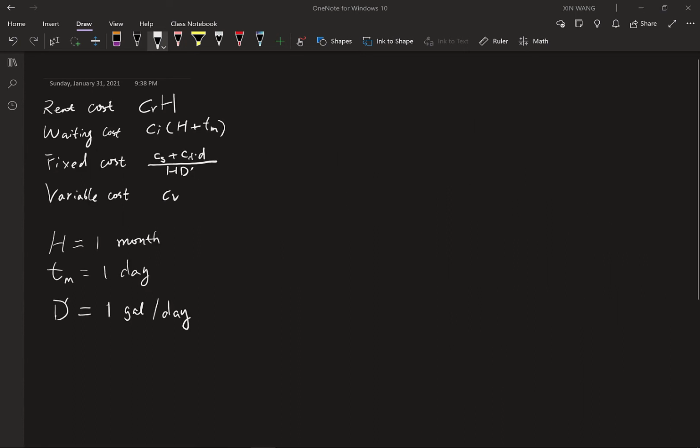So the first step is to make the units consistent, especially for the time related parameters. So we have seen that the headway is 1 month, the transportation time is 1 day, and then the demand rate is based on per day. So for simplicity, we convert all these parameters into years. In this sense, the headway actually is 1/12 year.